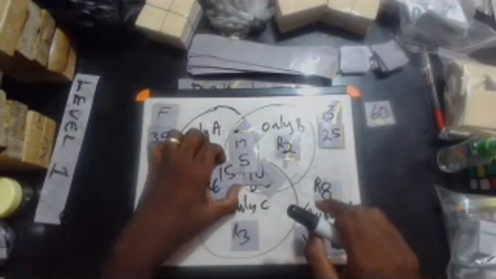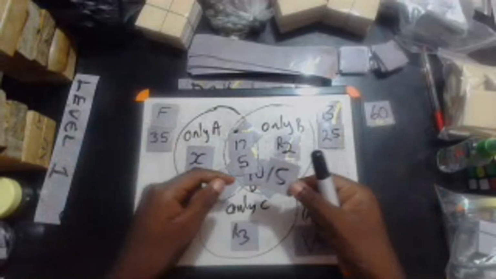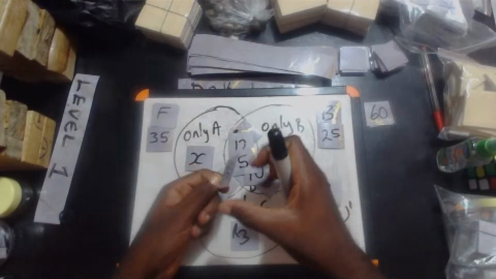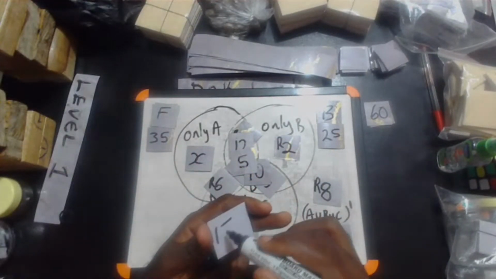Remember, because those who like football and volleyball are 15, we take away 5 from the 15 so that we get what?